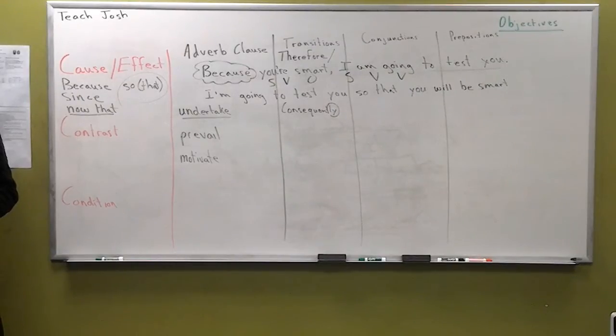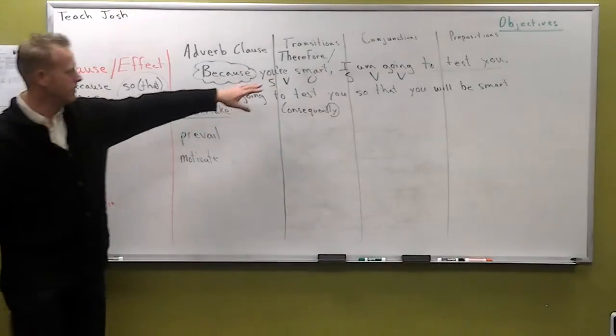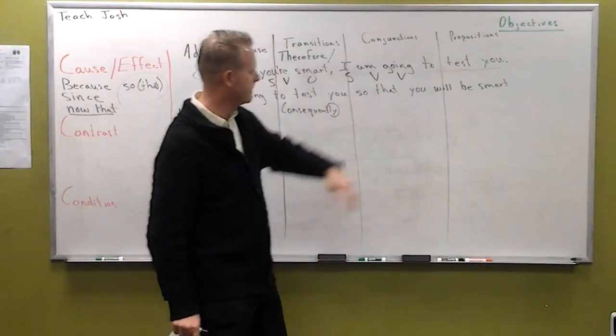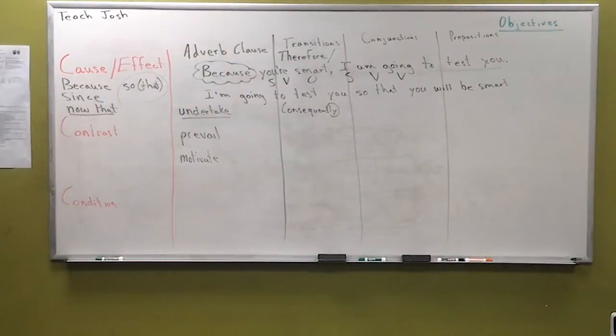So this works best with two sentences. So put the effect, right? I mean, we could even use this same idea and say something like, I'm going to test you. Consequently, you're going to get smarter. Hopefully.